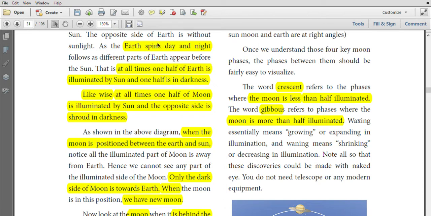The spinning of the earth causes day and night. At all times, one half of Earth is illuminated by the sun and one half is in darkness.